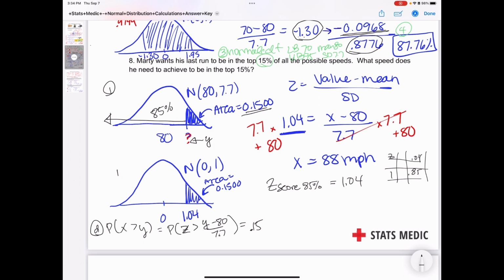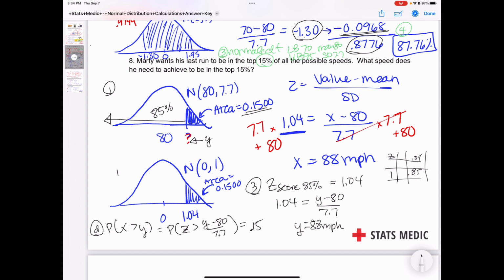All right, so then what you would do from there is you'd have 1.04 is equal to observed minus mean divided by standard deviation, and then you would solve this equation, and Y would be 88 miles per hour. This is step 3, of course.